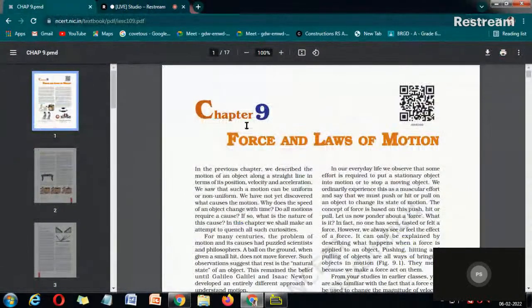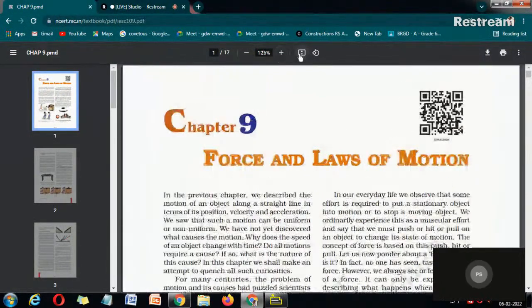So force and laws of motion, today we are going to do it. I'll search for a PPT so that you'll understand it more clearly than this PDF. Yeah guys, it is opening.